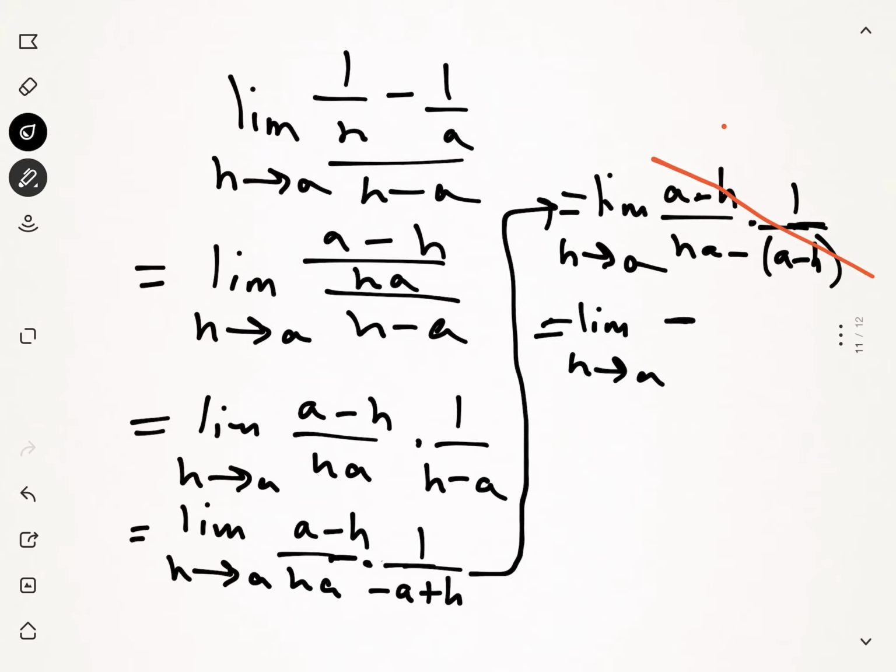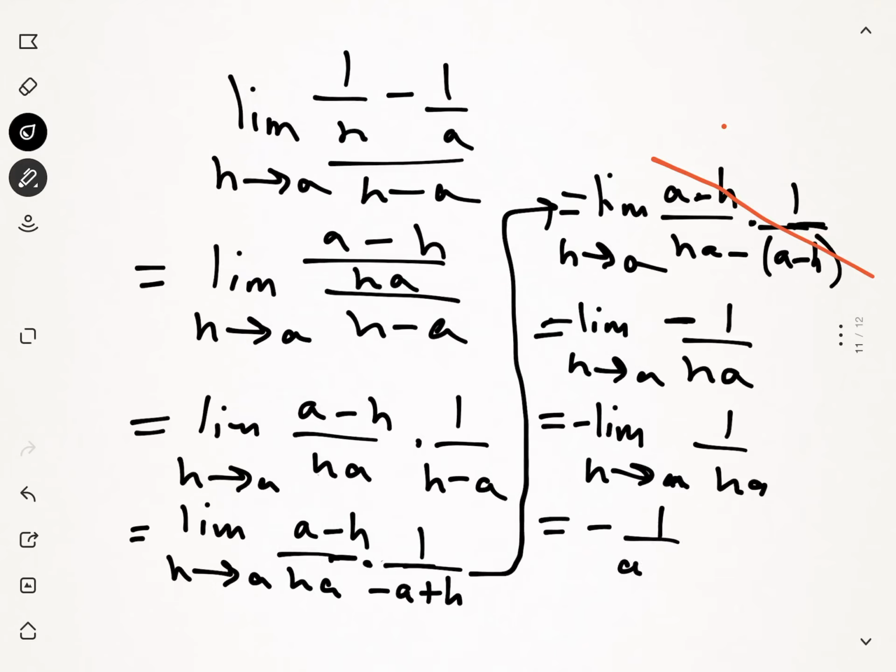So we get minus 1 over ha. The minus sign can move out in front of the limit. So you get 1 over ha. And now you're going to substitute. So you get minus 1 over a times a, which is minus 1 over a squared.